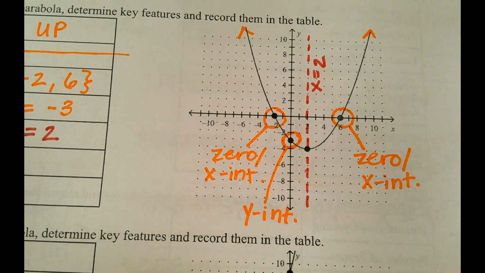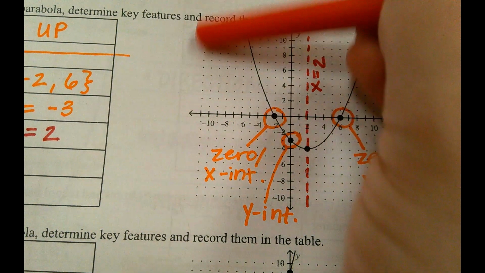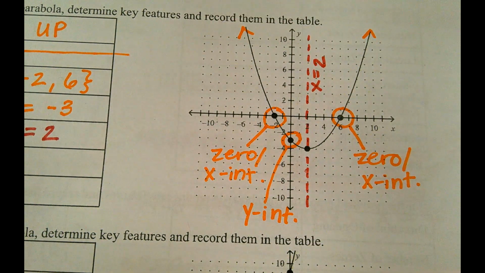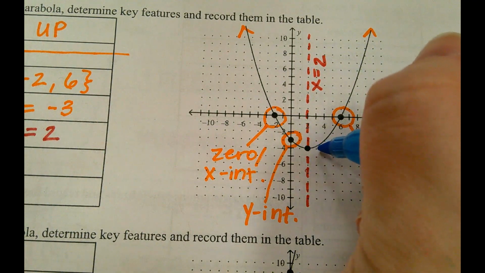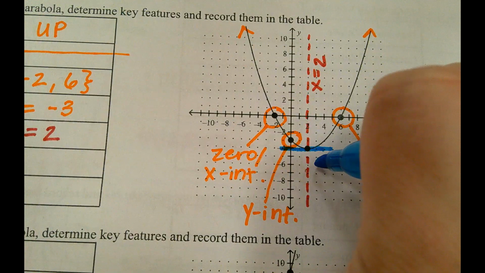Do I have a highest point? No. I don't have a highest point because these arrows mean the graph continues for infinity forever. That means, let me make a little marking here. -4 is my min.